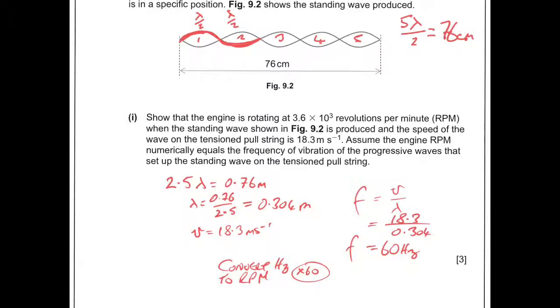RPM is revolutions per minute. So to convert from vibrations per second to per minute, we would need to multiply by 60. So that's what we do, and we get a value then of 3600 RPM. And that's what they told us it would be. So we were asked to show that that was true, and we have.